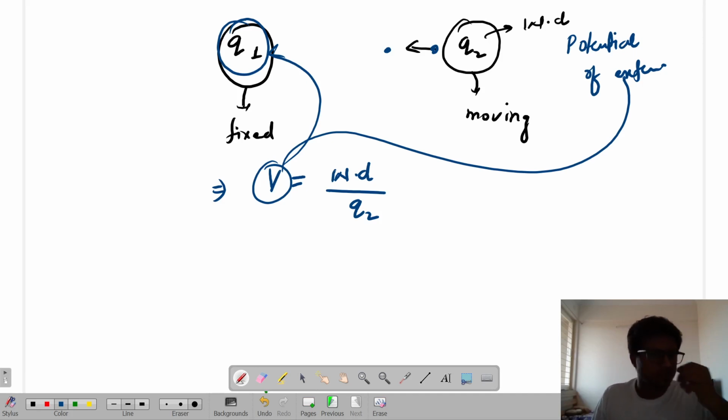Yes. So now if Q1 is fixed, अगर Q1 fixed है and this is the potential which can also talk for Q1, that means that if Q1 is fixed, फिक्स होने के बाद भी वो Q2 को affect कर पा रहा है ना.